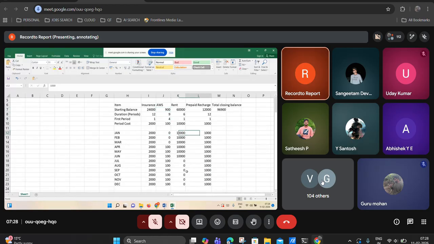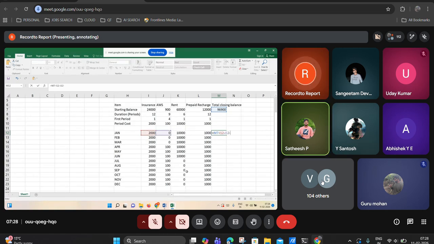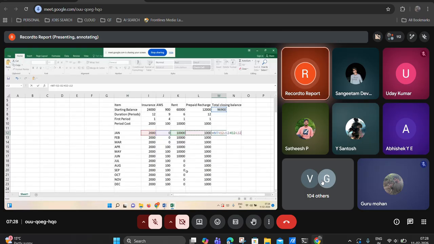Okay, fine. Now after January, what is the closing balance? It is 83,900, because out of the total amount paid, every month it will move to the expenses. What is the prepaid account closing balance after January? 83,900.